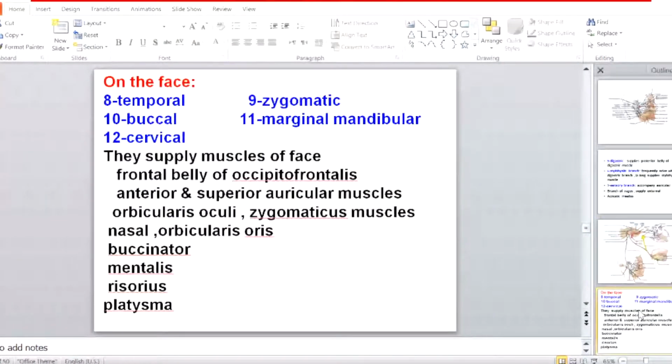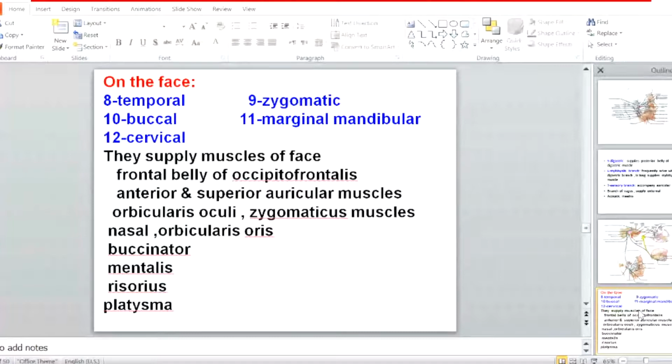Reaching within the parotid gland on the face, the terminal branches emerge. These are the temporal branches, 1 or 2, and zygomatic, again 1 or 2, passing toward the angle of the eye, the buccal branch above the buccinator, the marginal branch along the body of the mandible, and the cervical branch below the mandible in the neck.